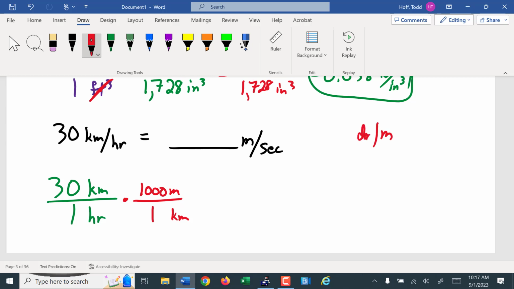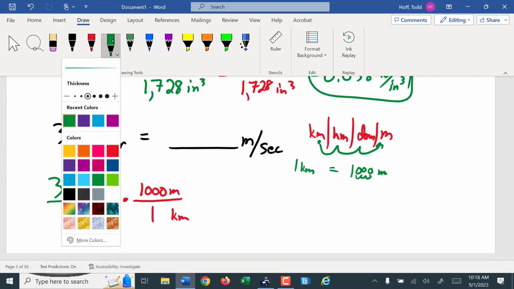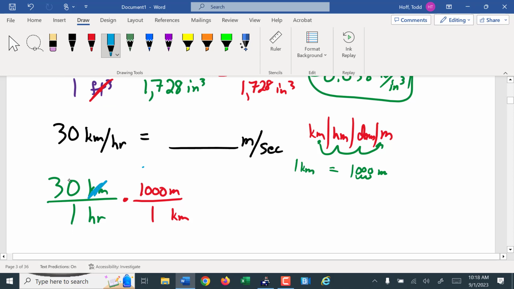Meters, decameters, hectometers, kilometers. You start with the biggest one, 1 kilometer. You move 1, 2, 3 spots to the right to get to meters. So that decimal moves over 3 spots to make it 1,000 meters. 1 kilometer is 1,000 meters. So the kilometers cancel out. We have meters.